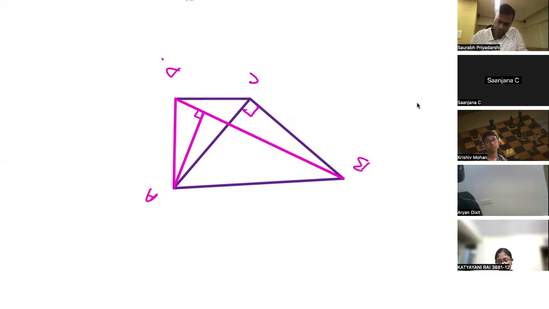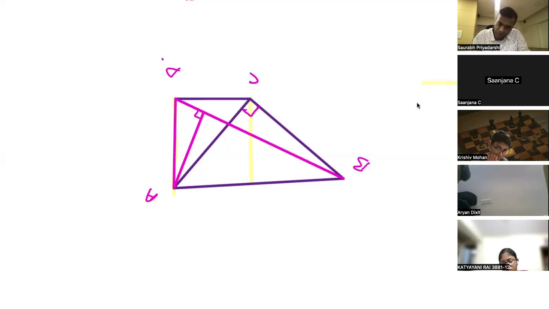If you see, AB is the base. In AB base, one of the heights is this one, and the other height is this one. So in triangle ABC and in triangle ABD, both the heights are the same because the lines AB and CD are parallel.